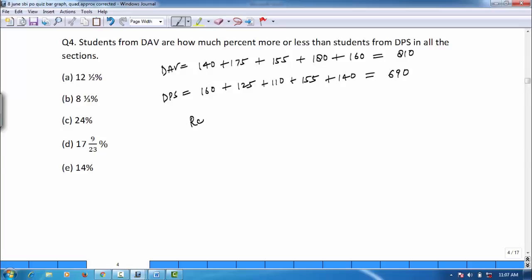So the required percentage will be (810 minus 690) upon 690 into 100, where 690 is the total number of students from DPS. So this will give us the required percentage as 17.39%.